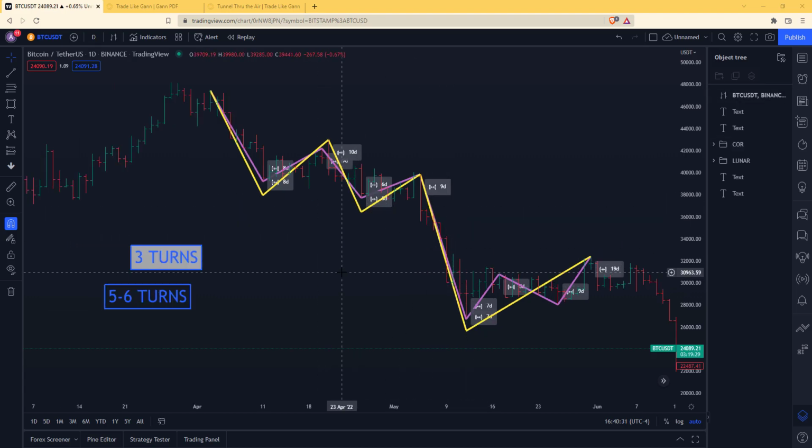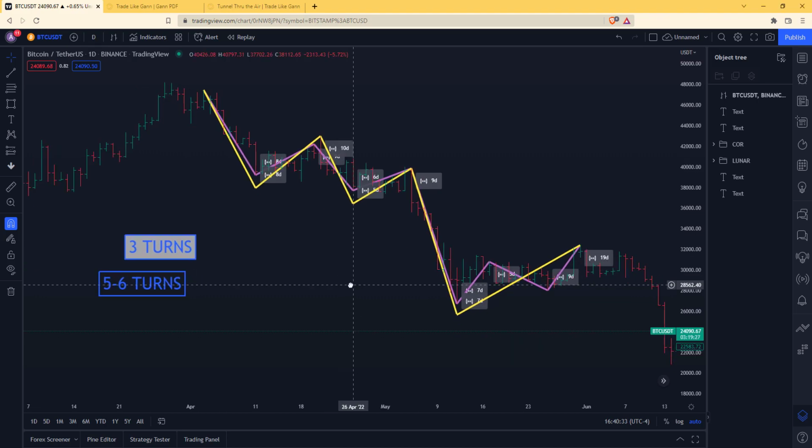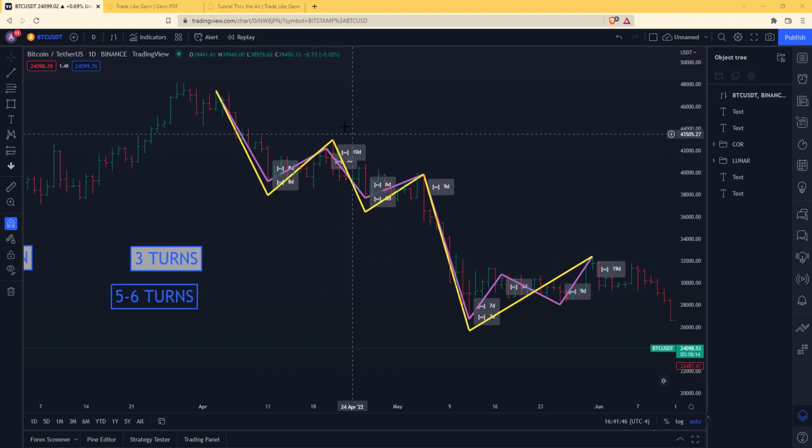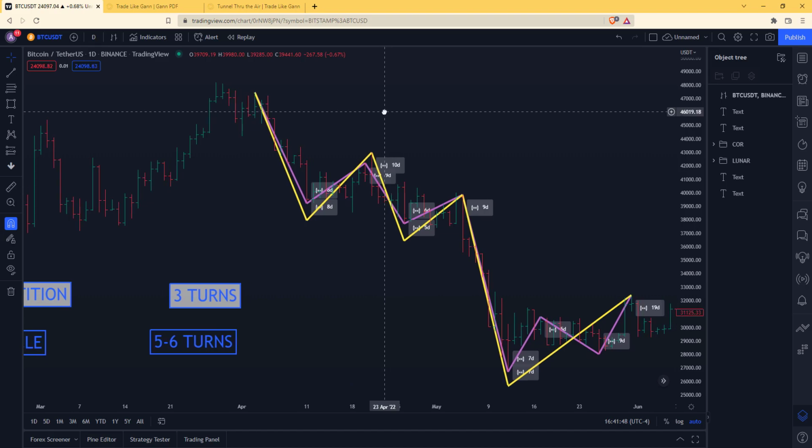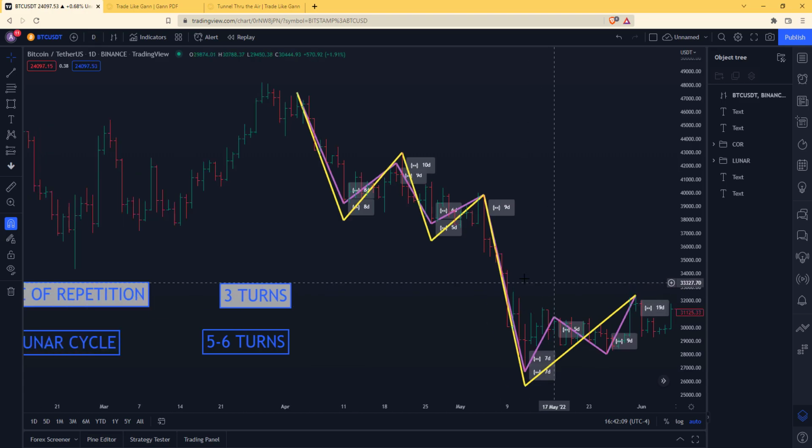Okay, so let's get back to the video. To find out a COR cycle or information about a COR cycle, or to make a COR cycle work in your market, it is very important that you have your lunar cycle working perfectly, and you have to use the complete lunar cycle.